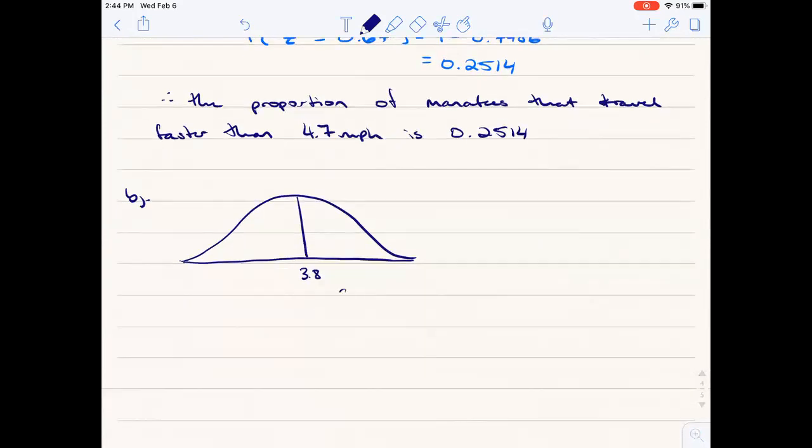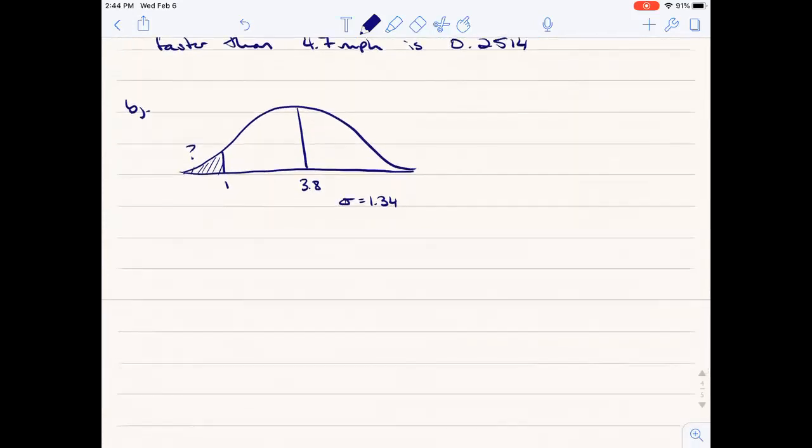Mu is 3.8. Sigma is still 1.34. So this empty shell will be the same for all the questions. But now we're down here at 1 mile per hour, and we want to know what's this area here. So same deal.